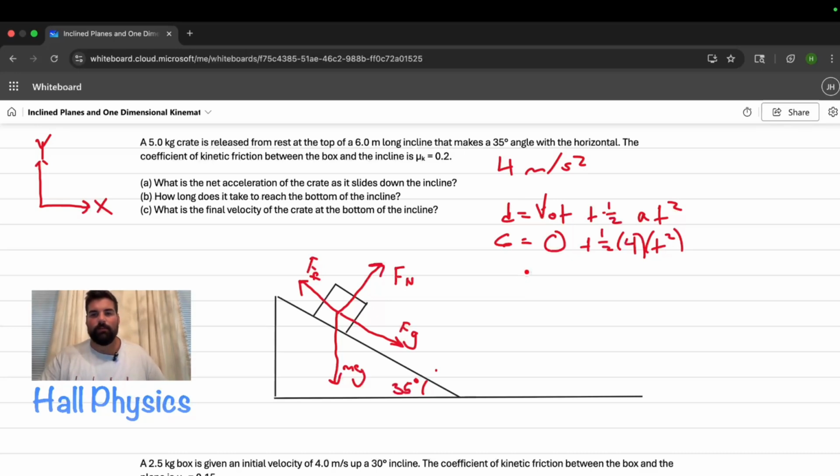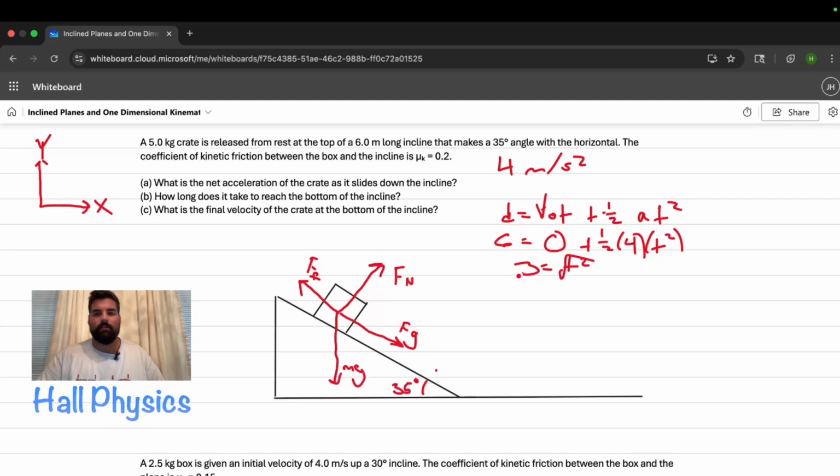So let's go ahead and solve for t here. 1/2 times 4 is 2. 6 divided by 2 is 3. 3 is equal to t squared.